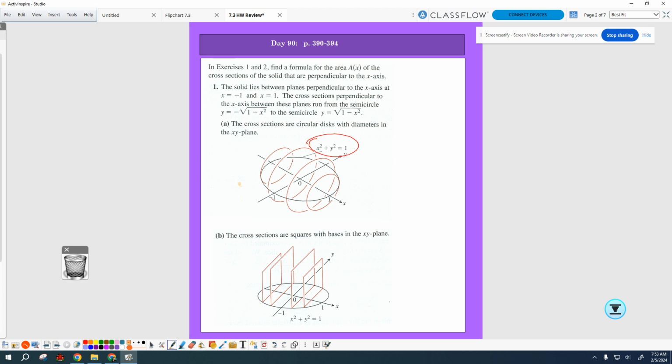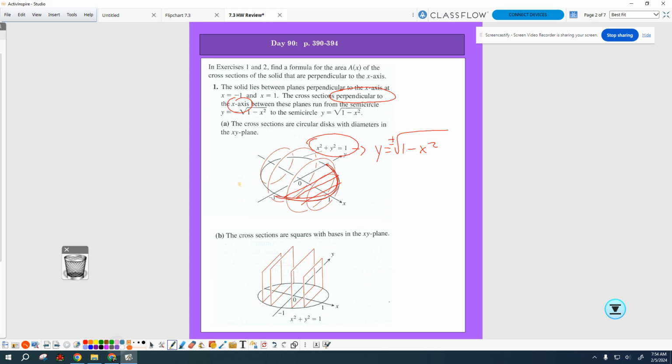Using that equation, it depends on the orientation. Perpendicular to the x-axis, so going this way. Do we have dx slices or dy slices? Dx. So I need y equals all the terms in x. Solving for y, plus or minus.